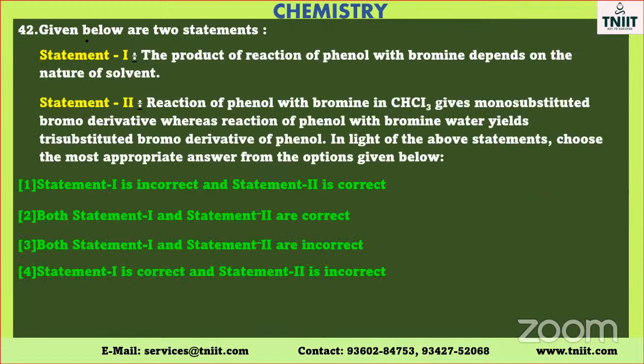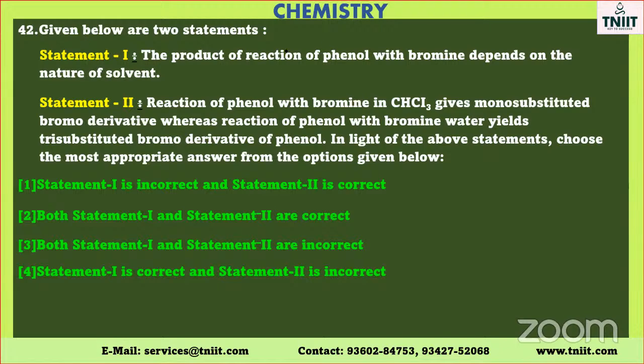Next question, given below are two statements. Statement 1: the product of the reaction of phenol with bromine depends on the nature of the solvent. Statement 2: the reaction of phenol with bromine in chloroform gives a monosubstituted bromo derivative, whereas the reaction of phenol with bromine water yields a trisubstituted bromo derivative of phenol. Choose the most appropriate answer.